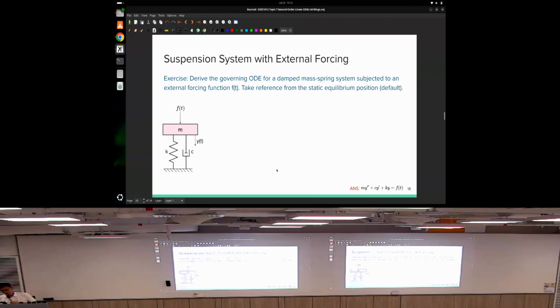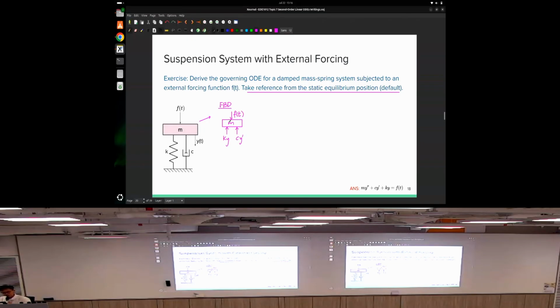Okay. So we are going to derive the ODE for a system that is subjected to excitation. Actually we do not have to include mg in our free body diagram, FBD. In your free body diagram, as you can observe on the screen, do not add mg.